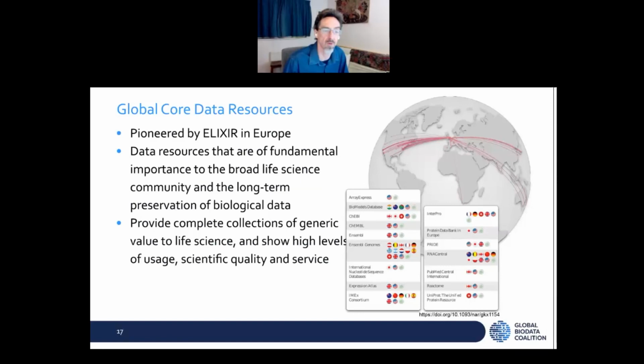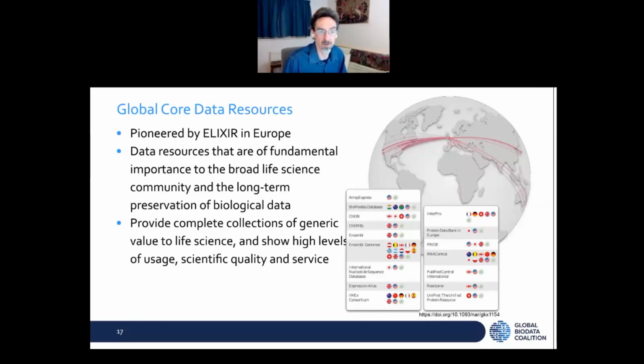It's a research infrastructure comprised of national biodata resource, what are called nodes, which have grouped together and try to manage life science data resources within Europe collectively. Something like what Global Biodata Coalition does, but there's a much greater emphasis in Elixir on training and developing standards and actually doing the nitty-gritty technical work of managing data resources. Those aspects of Elixir Global Biodata Coalition won't be addressing.